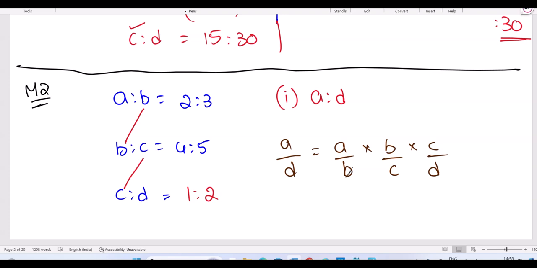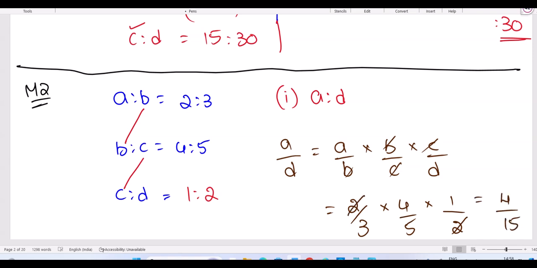Here B and B cancel, C and C get cancelled, nothing but A by D only. I know the A by B value. A is to B means A by B, 2 by 3. B by C is 4 by 5. C by D, these two cancel. What is left over? 4 by 15, which means 4 is to 15.